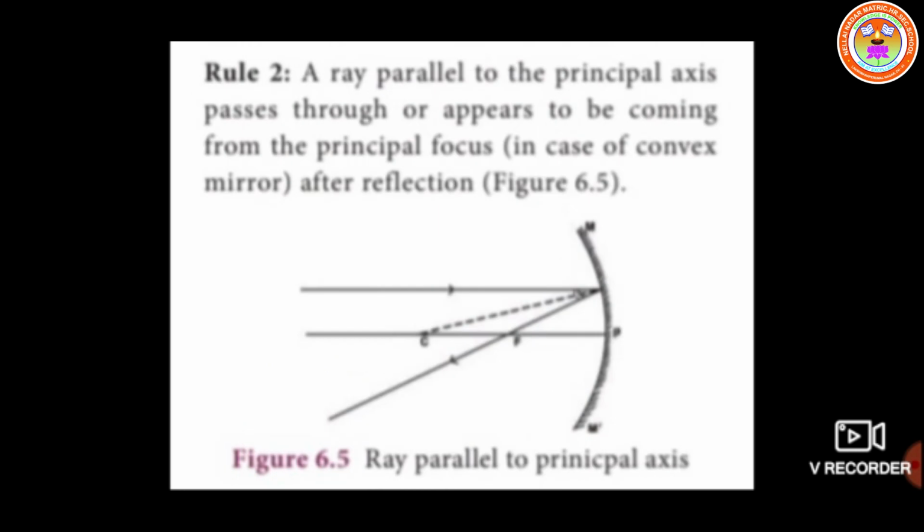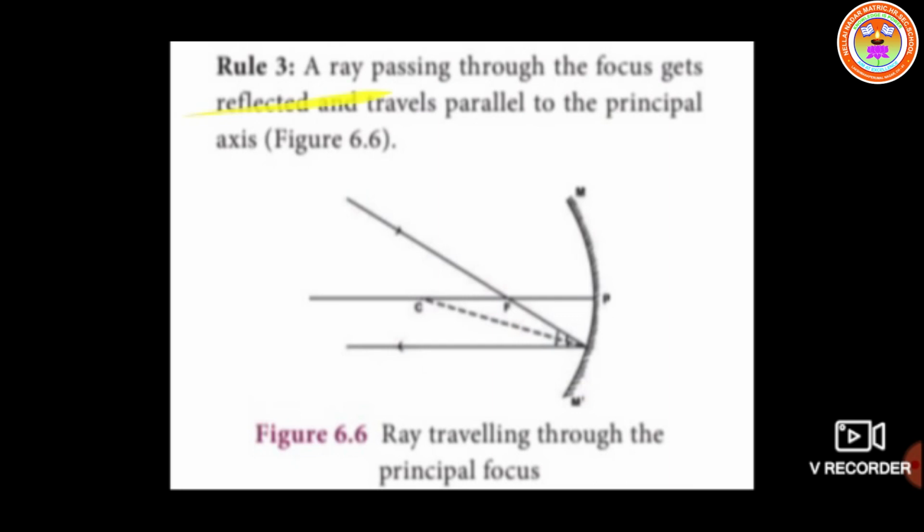According to rule 2, if the incident ray is parallel to the principal axis, after the reflection the reflected ray passes through the principal focus. According to rule 3, if the ray passes through the principal focus, after the reflection it is parallel to the principal axis.